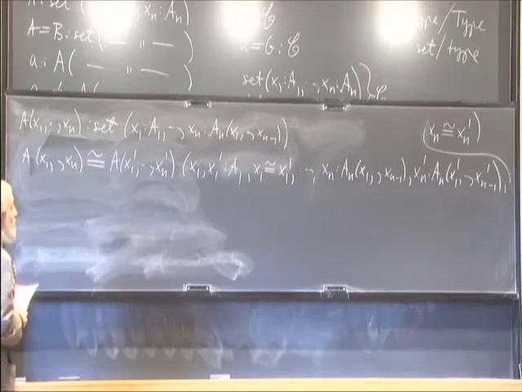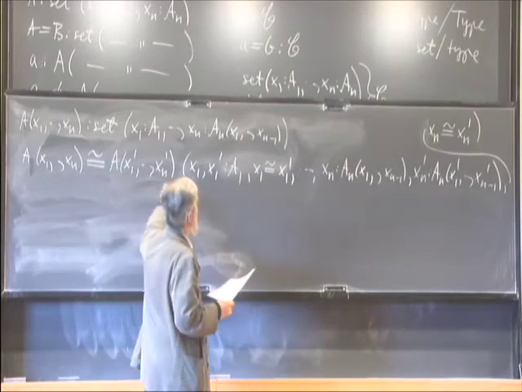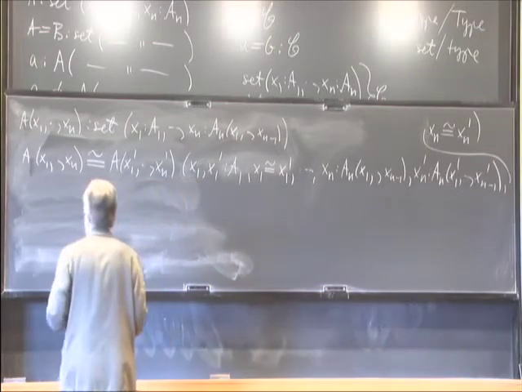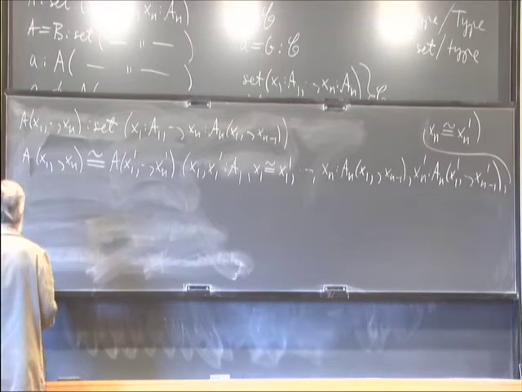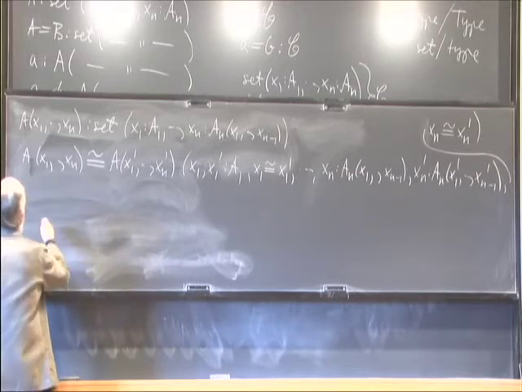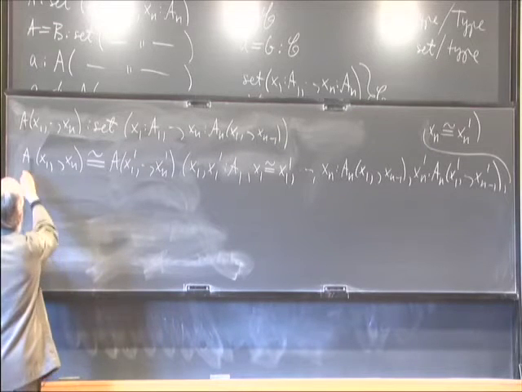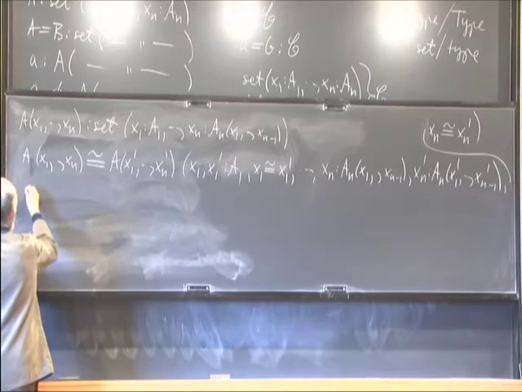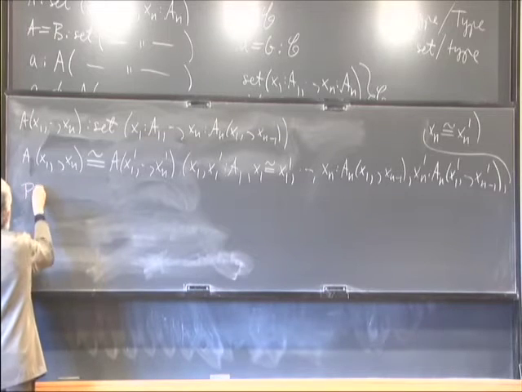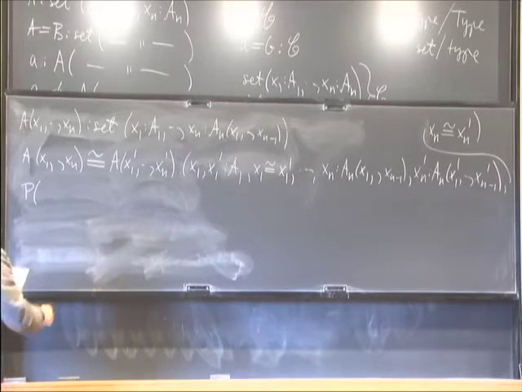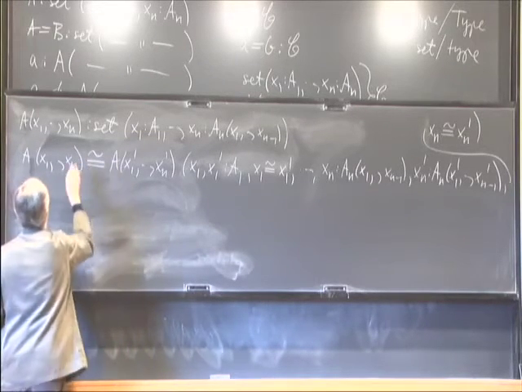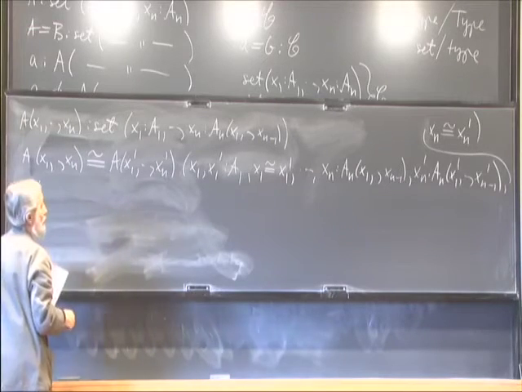So now, deciphering this in turn constructively, what should it mean? Well, it should mean that we have an isomorphism P, let's call it, between these two sets. And what will that isomorphism depend on?